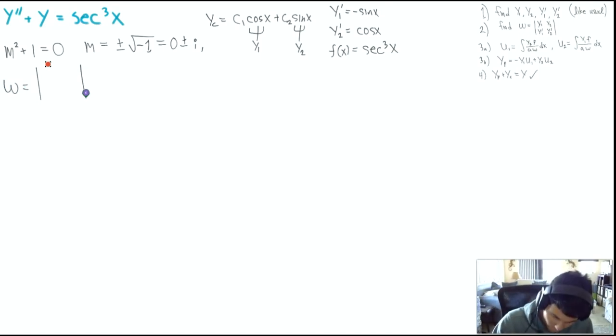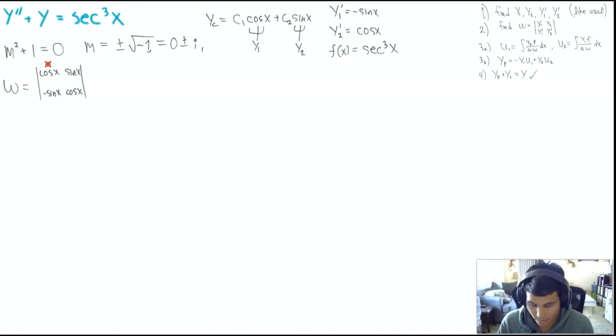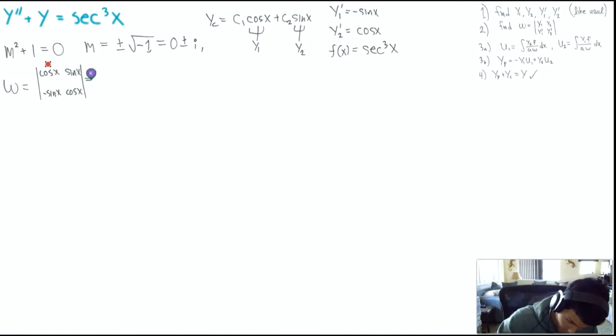Okay, well, that'd just be cosine x here, and then sine x over here. And then it would be negative sine x, and this would be cosine x. Okay, and I can already see that this is going to equal 1. I'll show you.